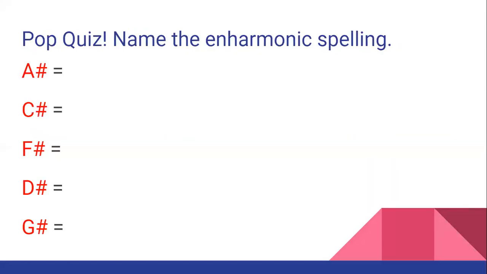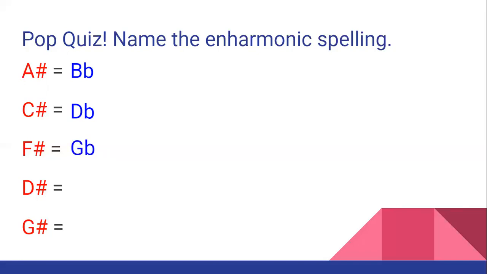Pop quiz. Can you name the flat equivalent to all of these sharps? I'll give you a second. What is A sharp the same as? B flat. What is C sharp the same as? D flat. What is F sharp the same as?